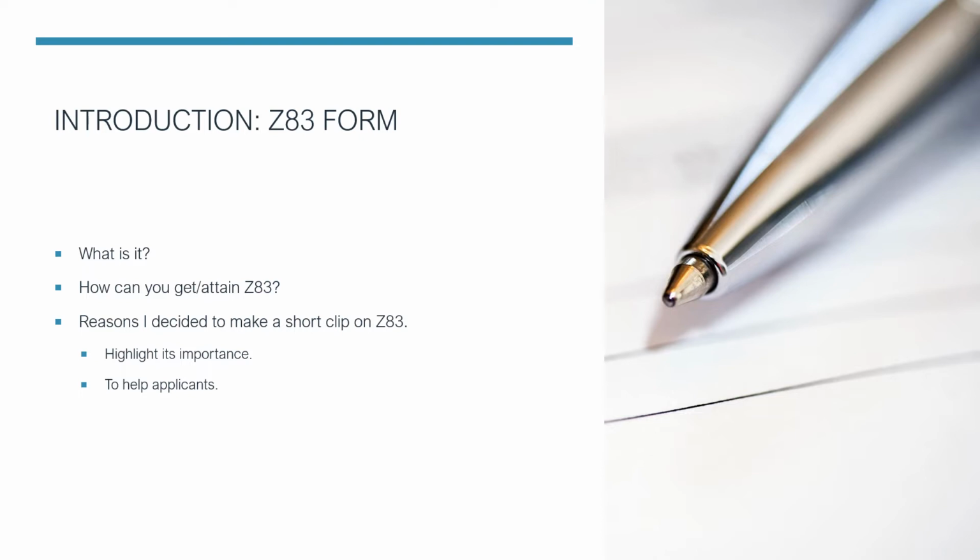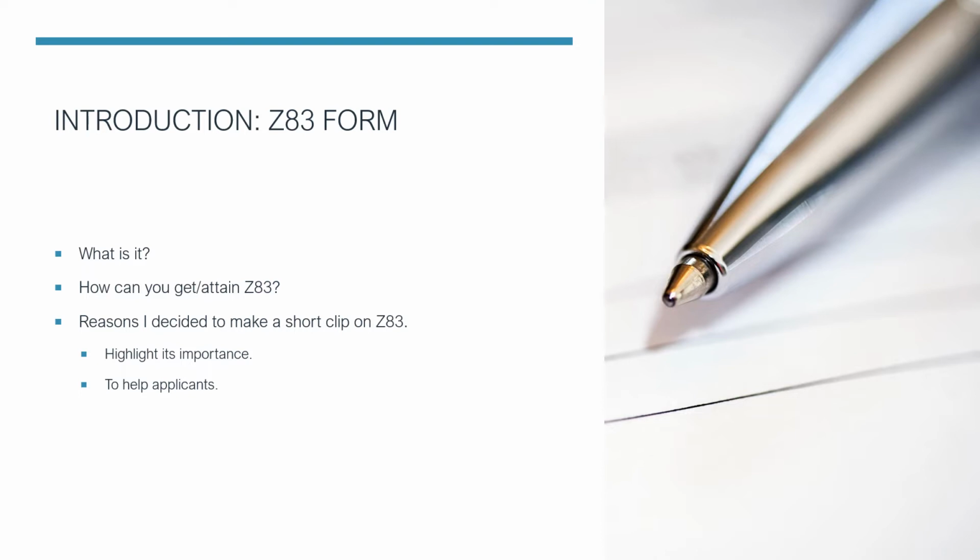Secondly, those who have heard about it from others do fill in the form, but they made mistakes on the form or left out sections, which had them disqualified for a particular position. You find that this person had all the necessary requirements in terms of their qualifications and experience, but they only made a mistake on the Z83 form, and for that reason they couldn't be shortlisted for interviews.